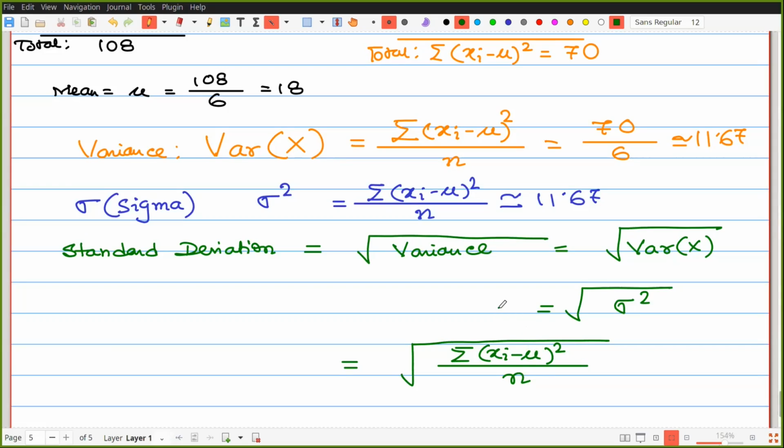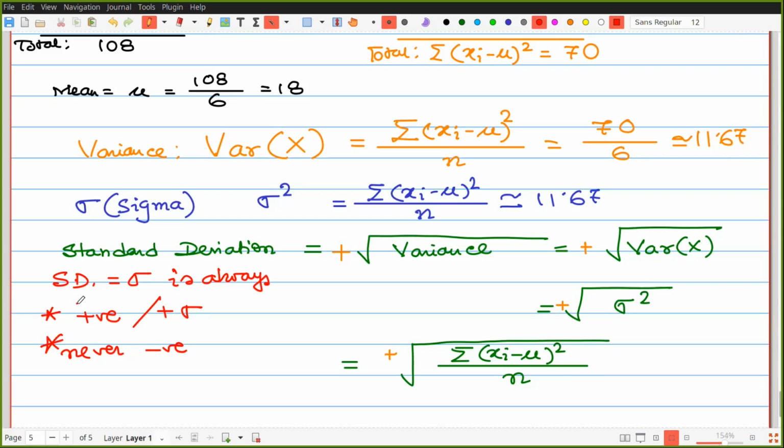But the most important thing, in each and every case, only the plus sign is considered. So we can say standard deviation or sigma is always positive. That means always plus sigma, never negative. That is the most important thing.